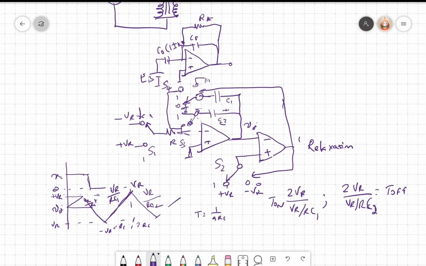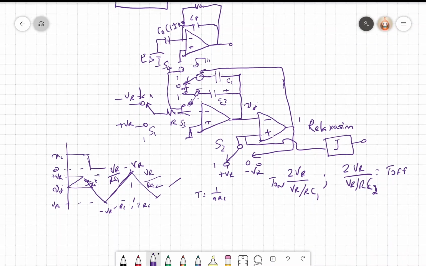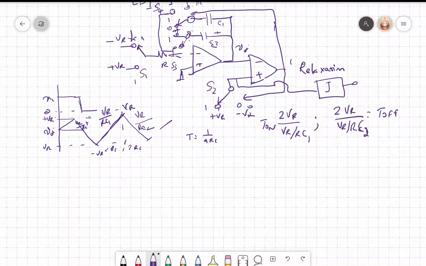So we take this and put an integrator, get the output. So I will get V naught would be 1 by T integral 0 to T, whatever we switch, dt.